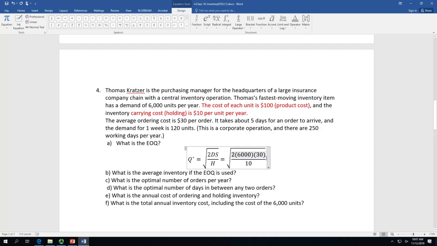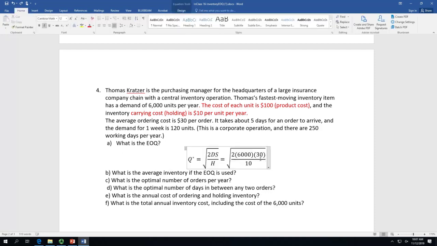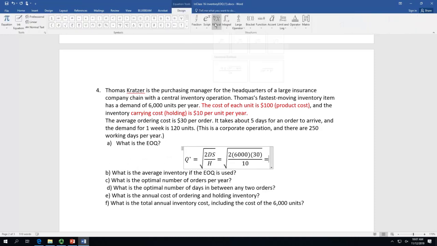So this is the square root of 2 times 6,000 and then times 30, and then take the square root.